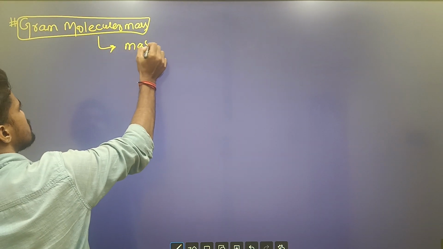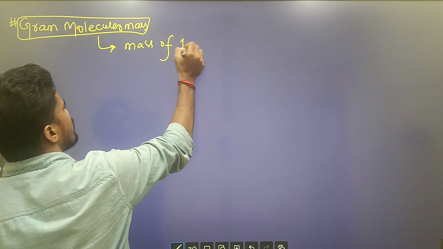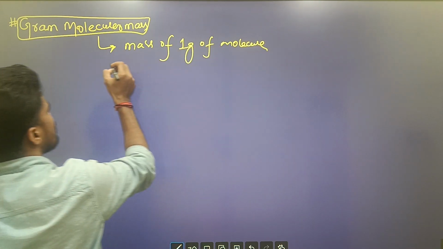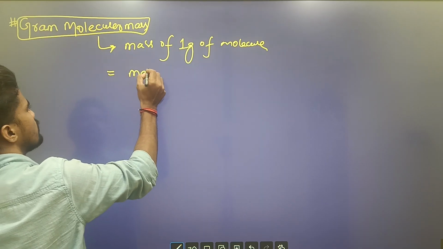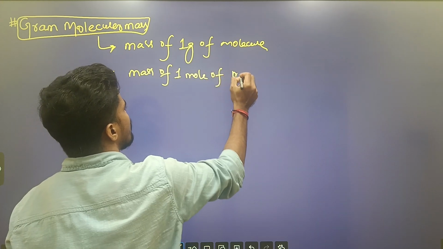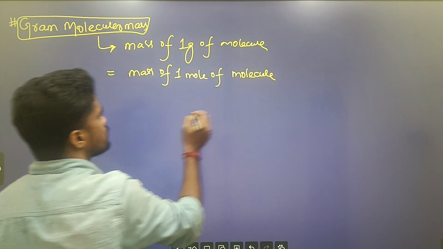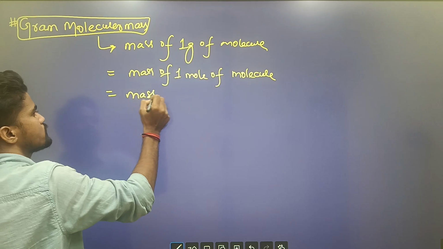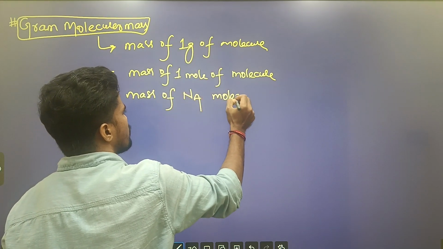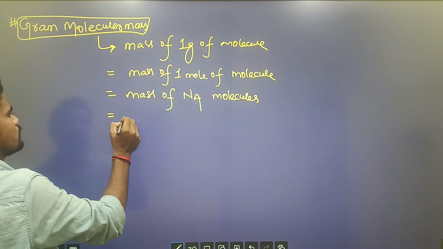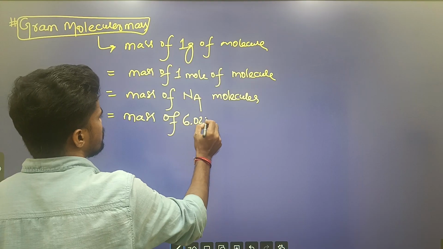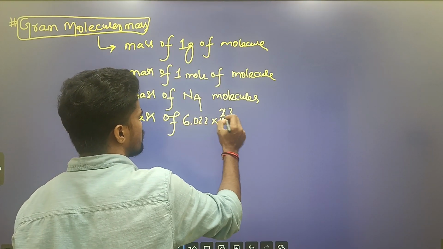This is also the mass of 1 gram molecule, or we can say the mass of 1 mole of molecules, or the mass of NA molecules, or the mass of 6.022 into 10 to the power 23 molecules.